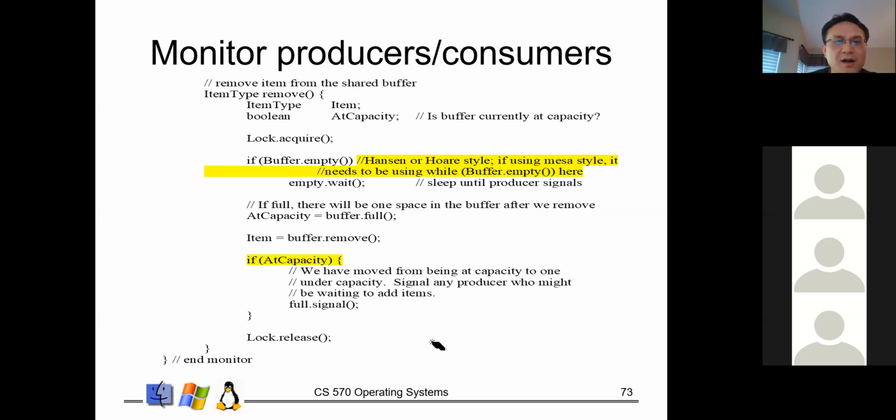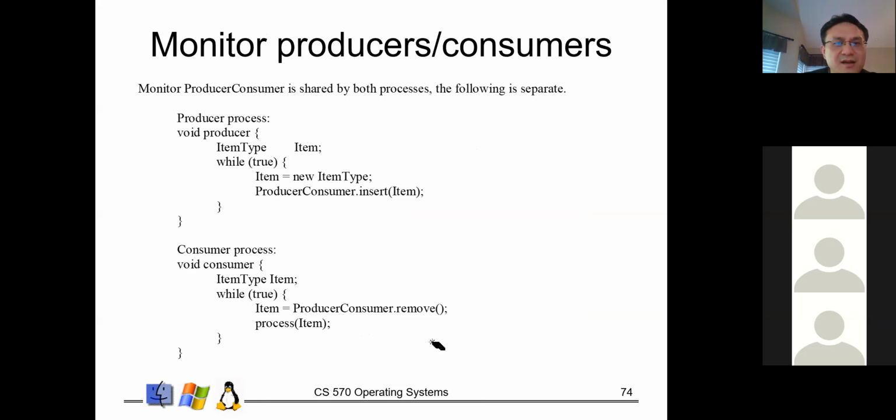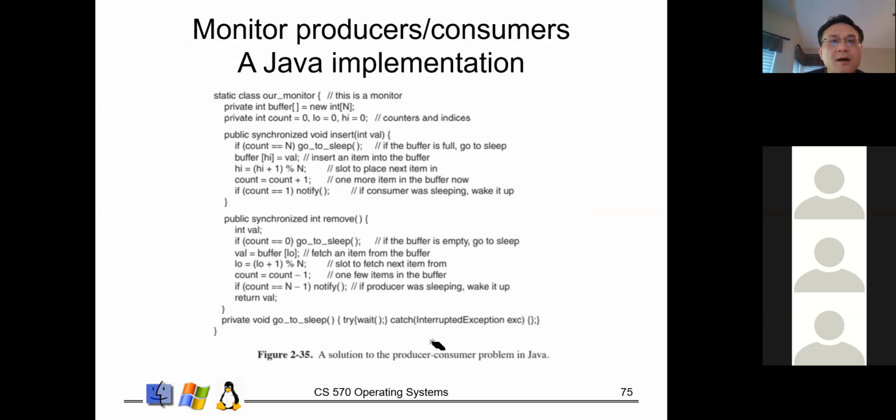Okay, so this would be using the other function, remove, for the consumer. I won't go through the details here. In the real world implementation, the Java library has internal support for the monitor operations.